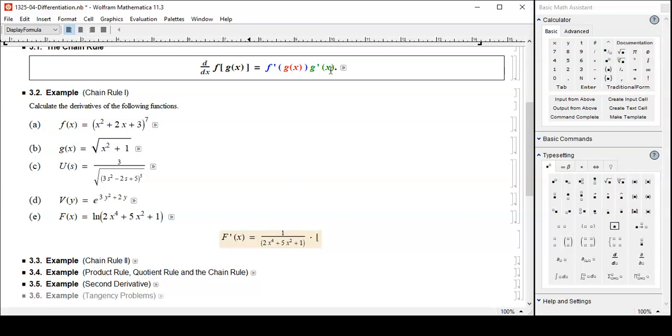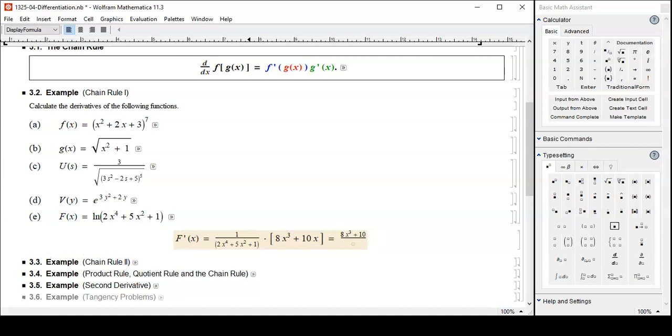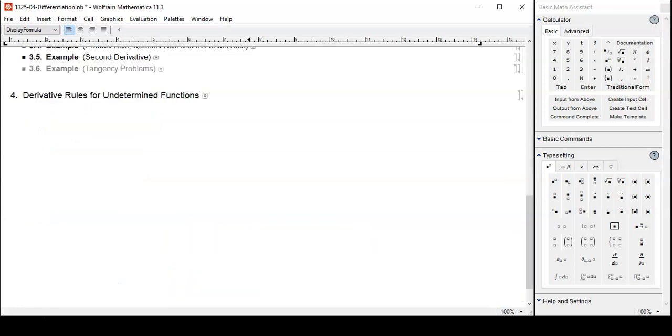You see, this part, g prime part. What is it? 8x to the 3rd power plus 10x. That's it, isn't it? Or if you simplify, it's going to be 8x cubed plus 10x divided by 2x to the 4th power plus 5x squared.